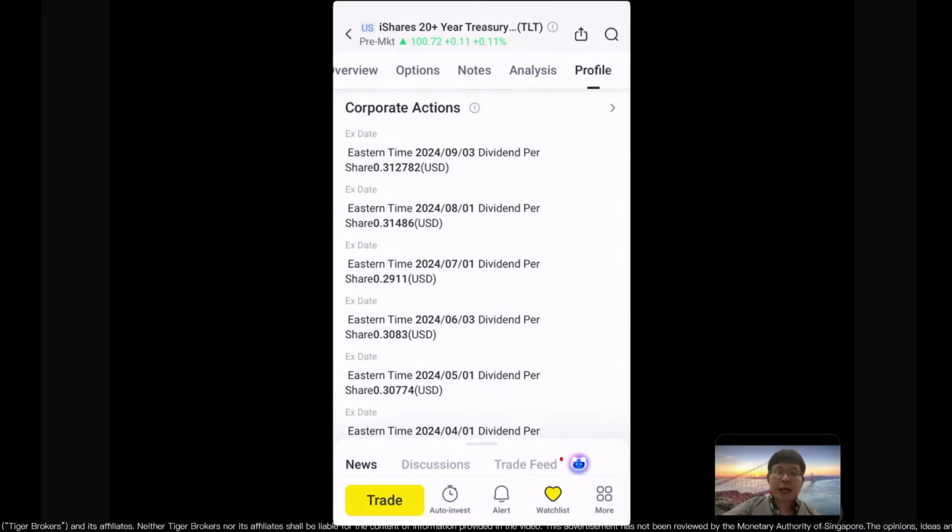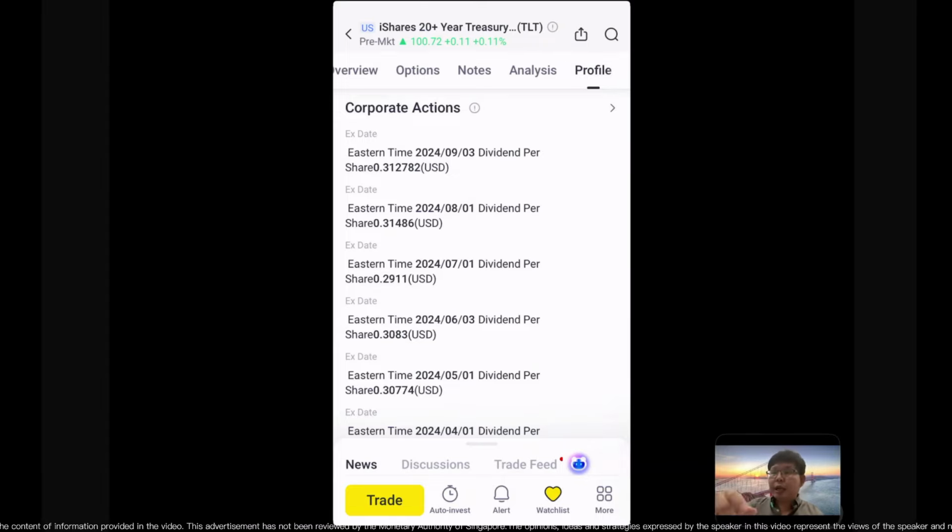As you scroll down, you can see what is inside TLT. The Tiger app is actually a very good app. For those watching on YouTube, you can see how I navigate on the Tiger app. If you are not so sure, you can see our videos or some of our live broadcasts, where we sometimes show how we navigate.